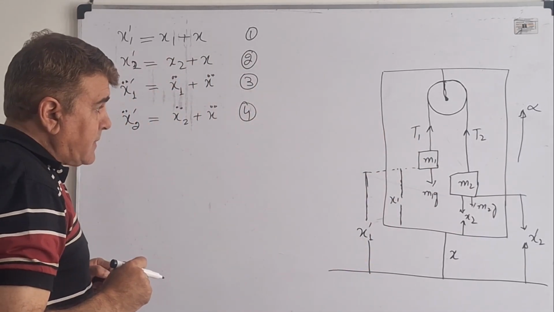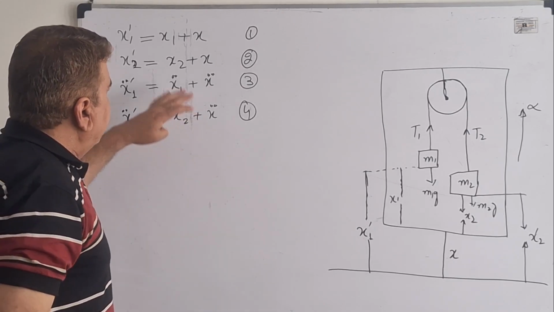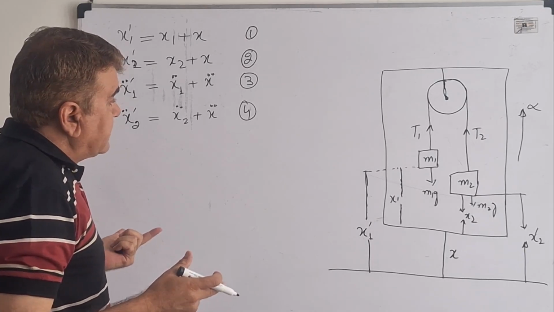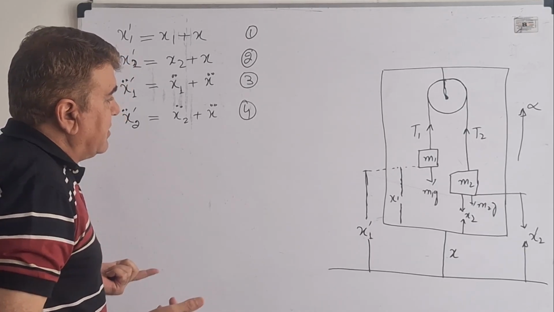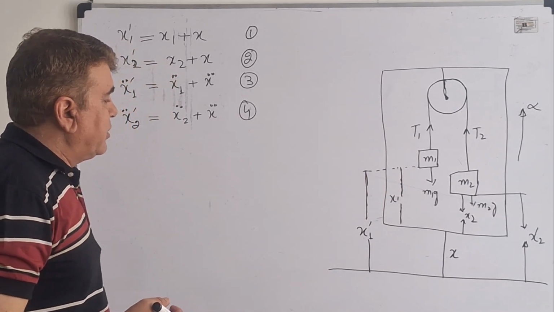Now, we put a condition. I'll implement that condition later on, but now we want to write Newton's second law for each mass separately with respect to this observer.